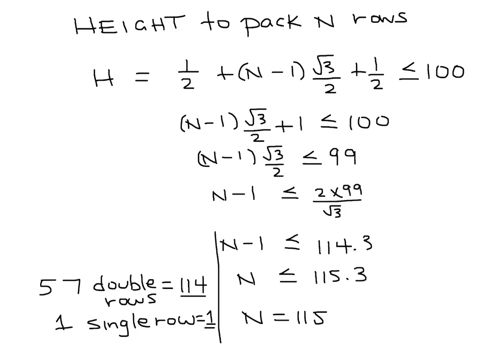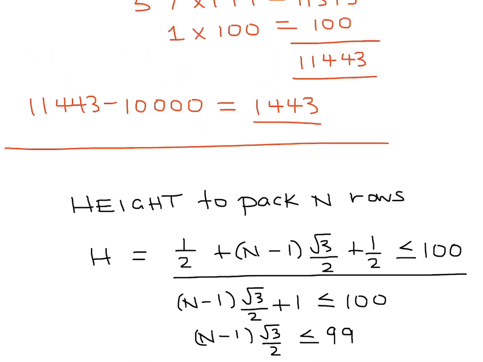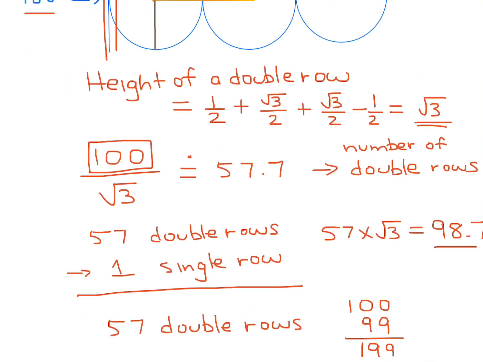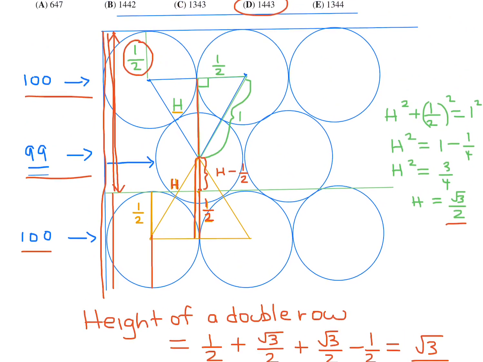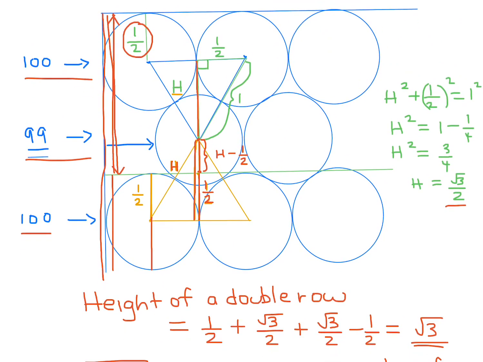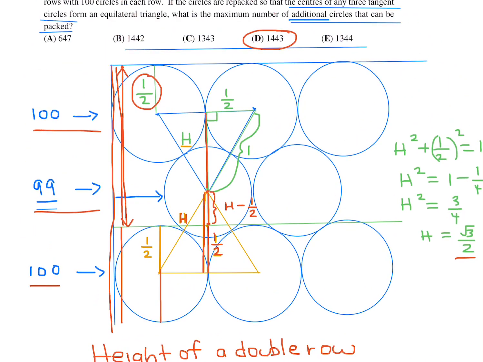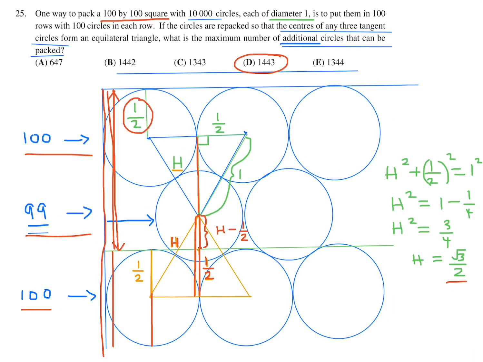So 114 plus 1 is 115. So it is exactly what this mathematical equation gives us. And this mathematical equation I figured out just entirely from our calculations up here. All right? Just from this diagram and from the information that they give us in the question stem.